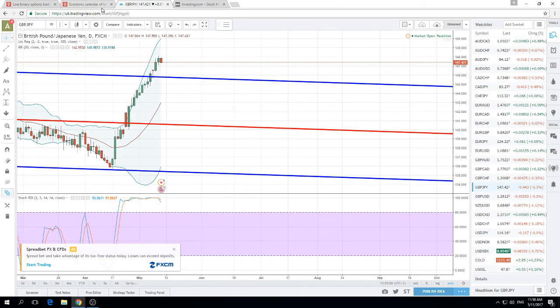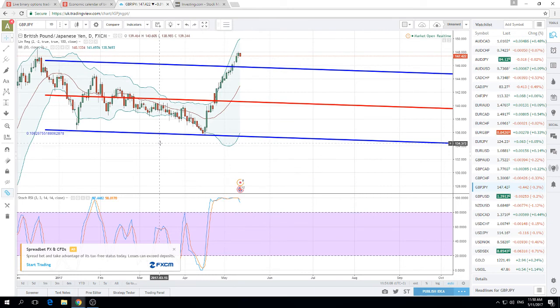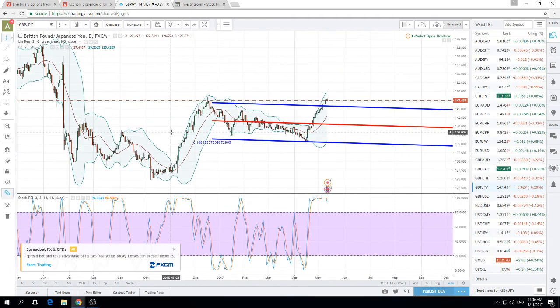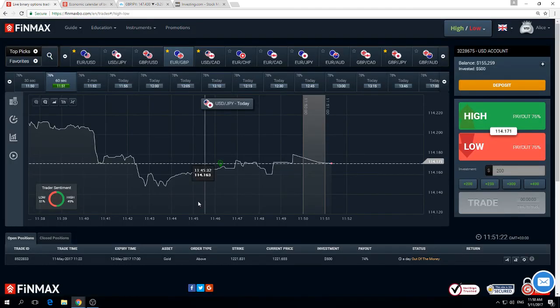Well, judging from what I see here, there is a pretty strong probability that the British asset will change direction, at least for a while.